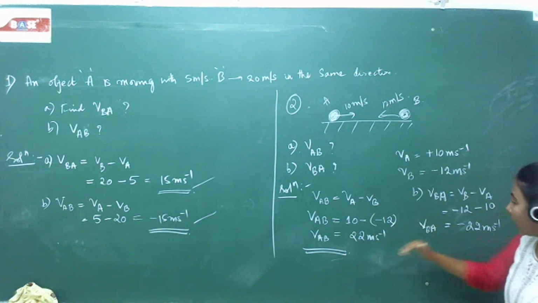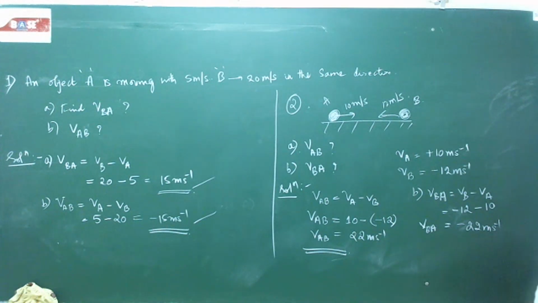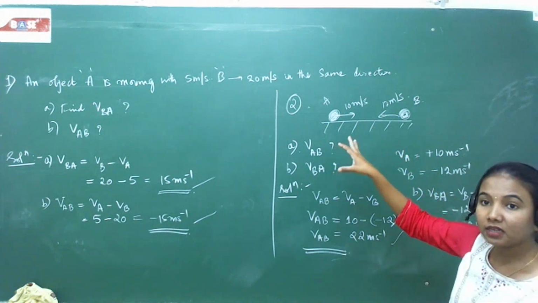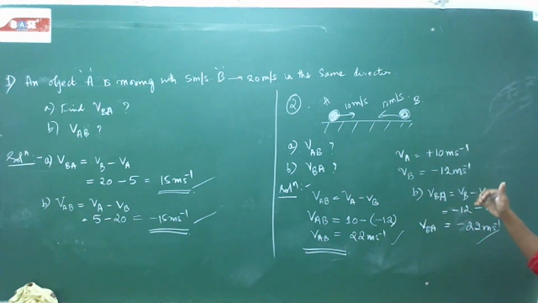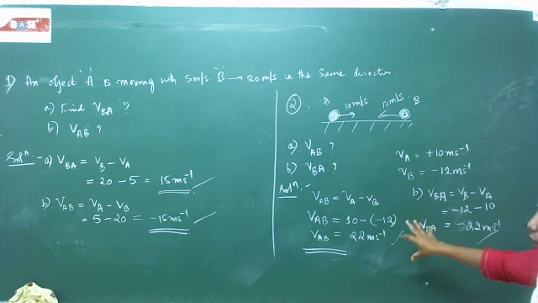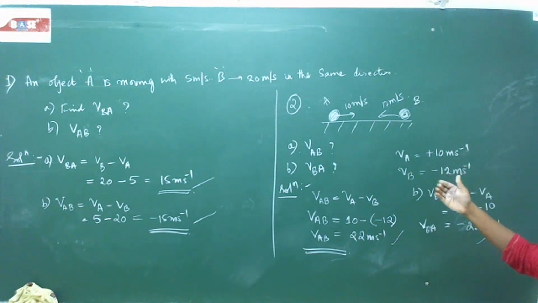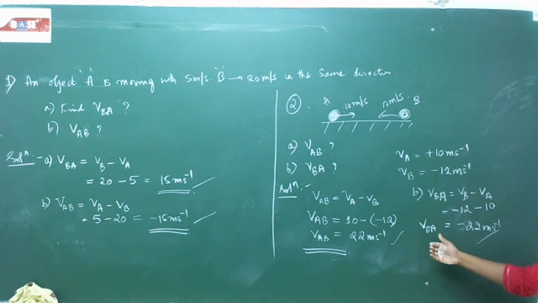Here one is greater and the other has a minus sign. So we should know which body has the greater velocity and which has the least velocity. In the second part, when I said to add the relative velocities, this is the concept you have to remember: why we are adding, and whether the first or the second body has the greater velocity.